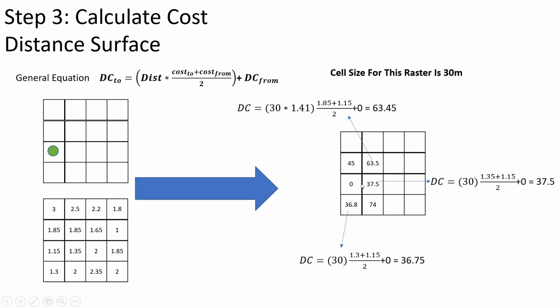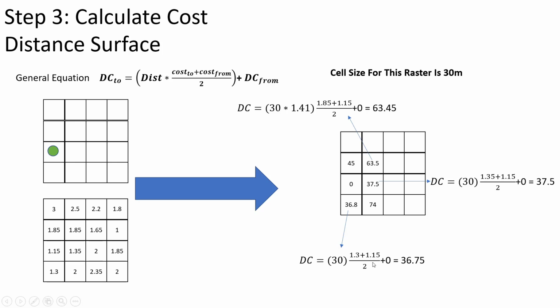What if instead of going to the right, we went down? What's the cost of going from this cell to this cell? Well, we can apply the exact same equation. We have our distance, which again, for vertical arrangements, we just use the cell size, so that's 30, times the cost to and the cost from. In this case, this is our cost from, it hasn't changed. Our cost to is 1.3, coming from this 1.3 here.